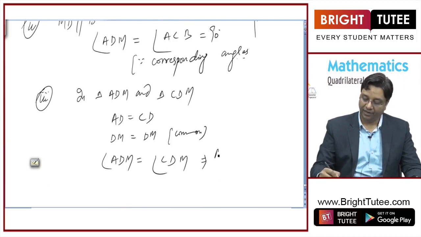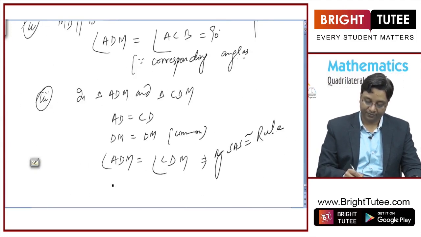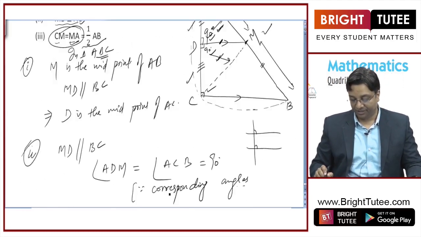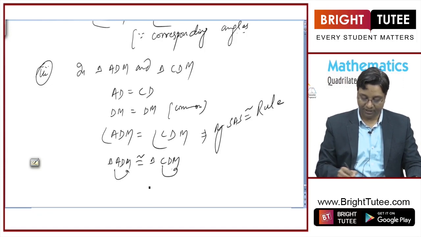Hence, by the side angle side congruence rule, triangle ADM is congruent to triangle CDM. Hence, by CPCT, AM is equal to CM.